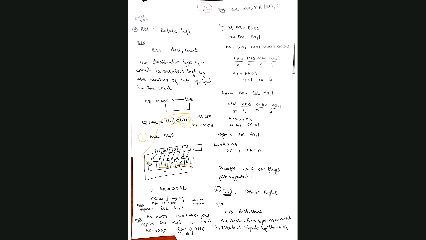Overflow flag is not defined. We don't know initially, but while calculating this in the debugger, I got the previous value as 0 and now also 0. That's why it is 0.